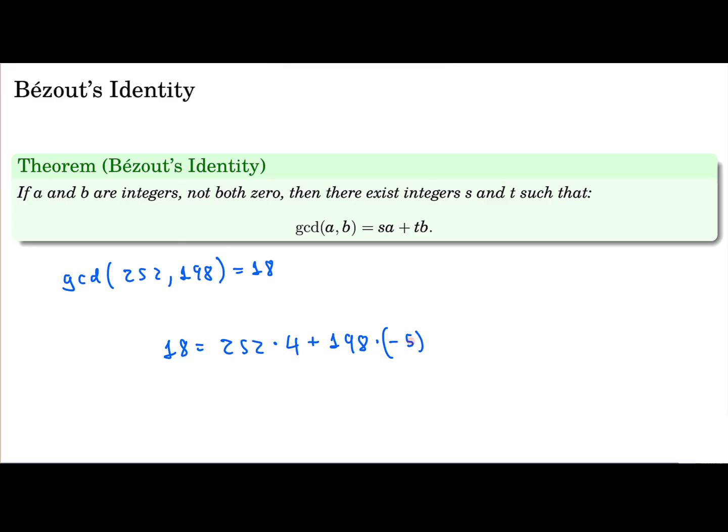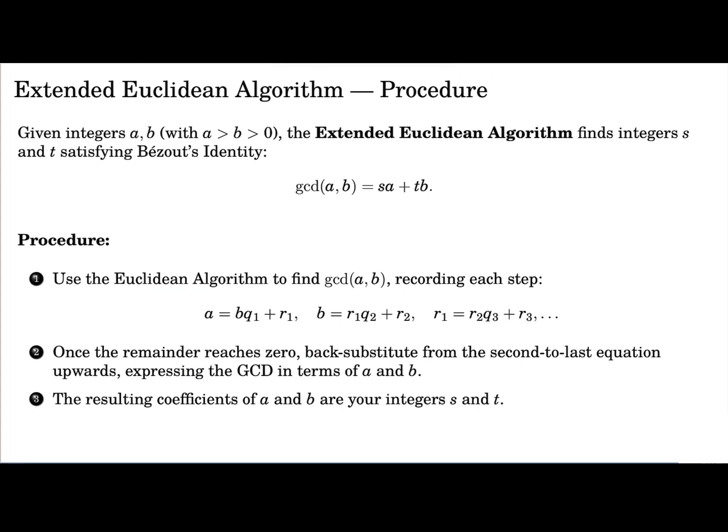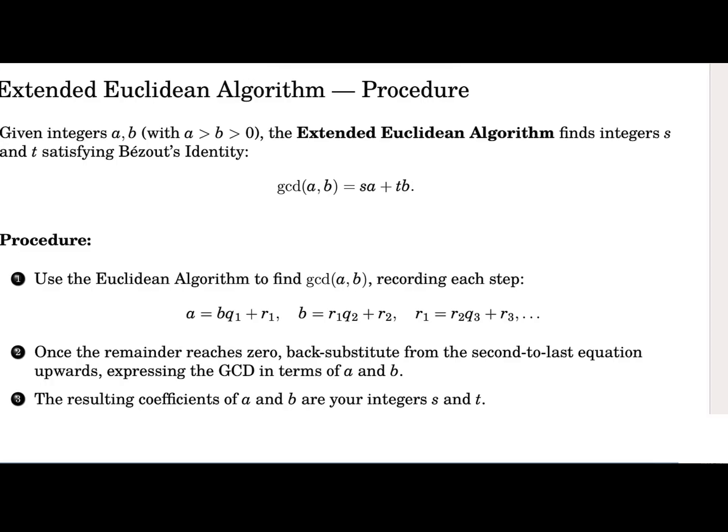But how do we find these integers? How can we do that? One way to do that is through what's known as the extended Euclidean algorithm, which again, you can go and read the whole algorithm here or in the slides. But I think the easiest thing is just to see an example.